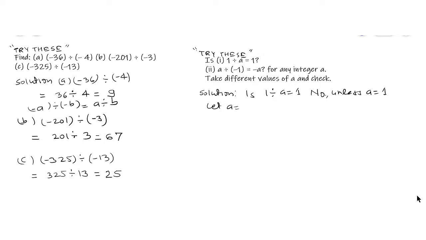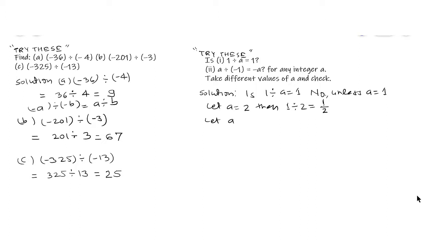Let a equal to 2, then 1 divided by 2 equal to 1 upon 2, which is not equal to 1. We take one more example.